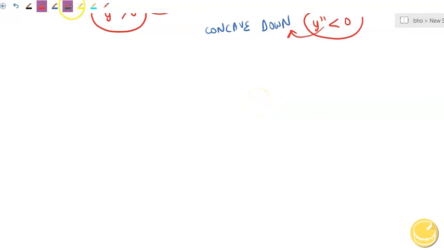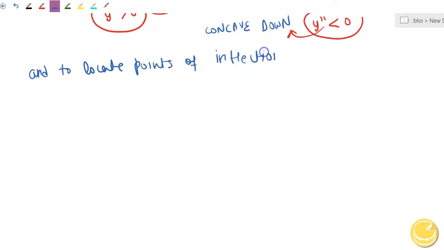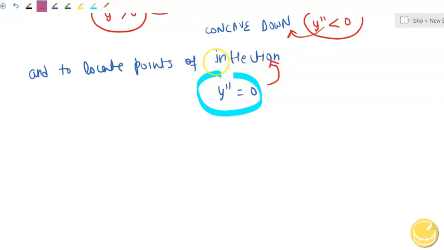And with this second derivative, we also try to locate points of inflection, where y double dash is equal to 0. So what is a point of inflection?